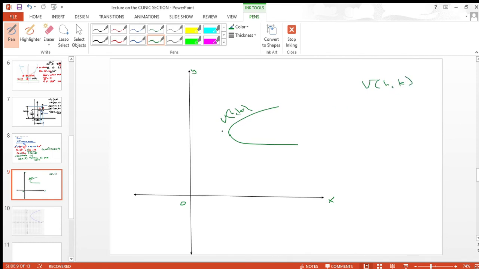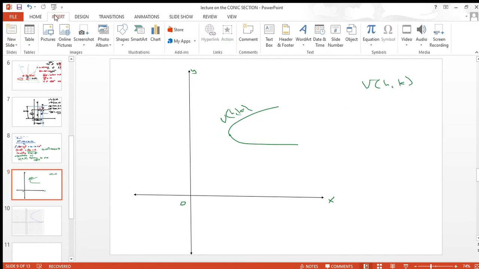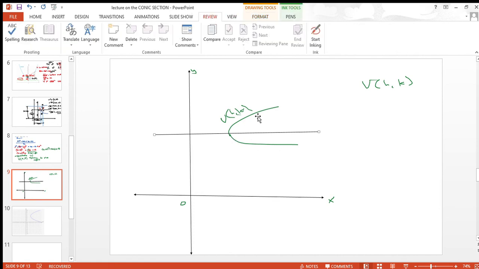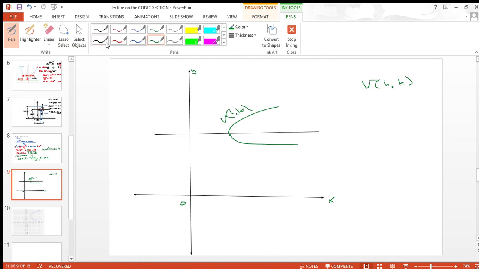And then after the vertex, we can now consider the axis of symmetry. And if that's the axis of symmetry, the focus is always inside the parabola. This is your focus. And the distance from vertex to focus is a. So, ano magiging coordinates ng f?